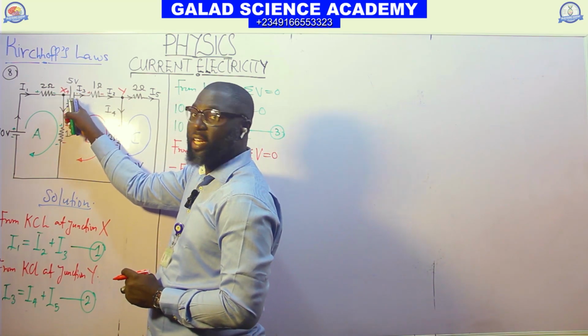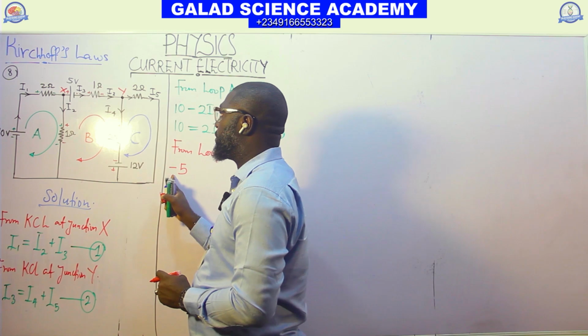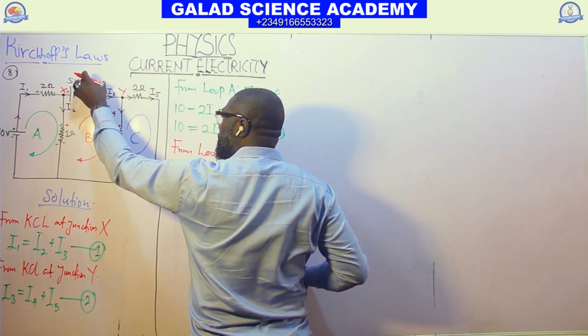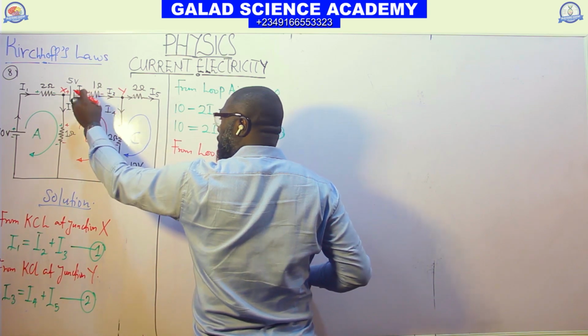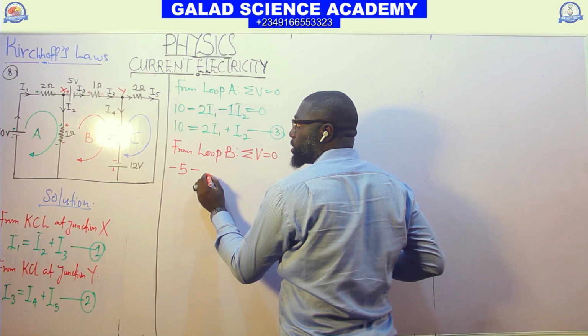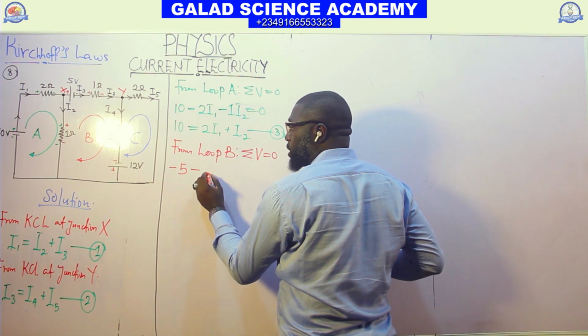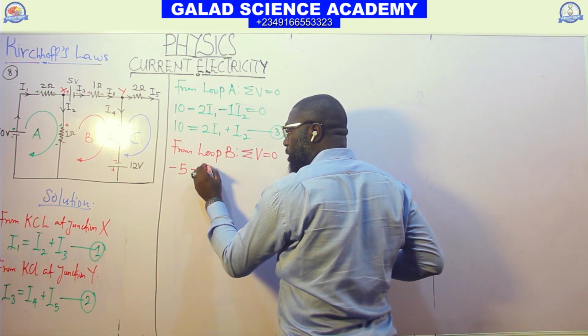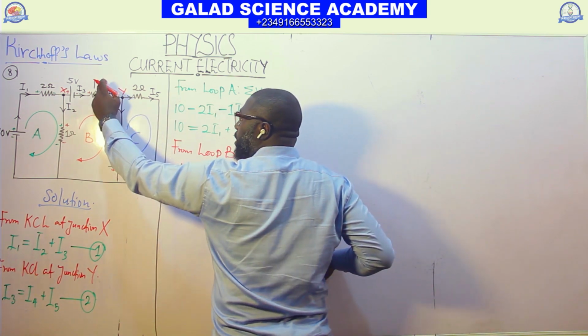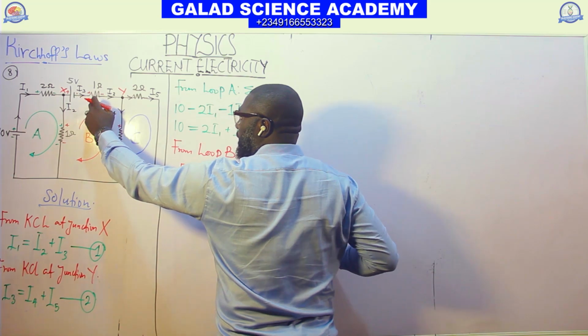What do we have there? Negative. That's why I put negative here. So after that, it's come to the 1 ohms here with current, the voltage drop minus 1 ohm times I3, 1 I3.